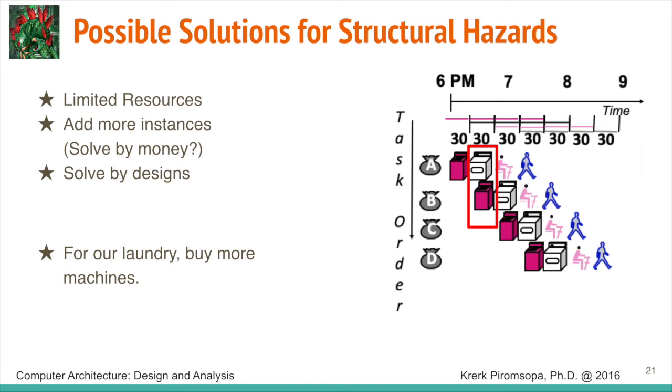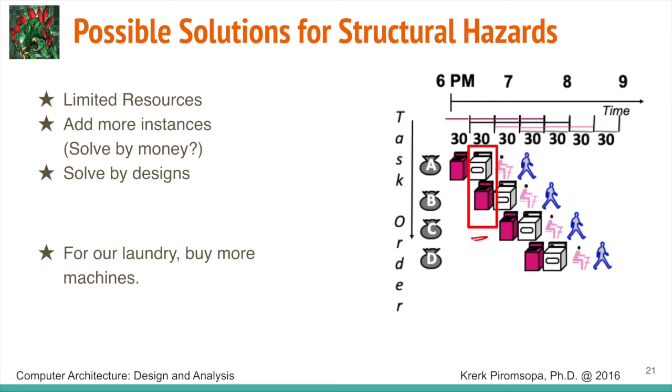Alright, now let's move on and see how would you solve structural hazards without waiting. Since structural hazard is caused by limited resource, like in our case, the washing machine and dryer machine happen to be the same machine.